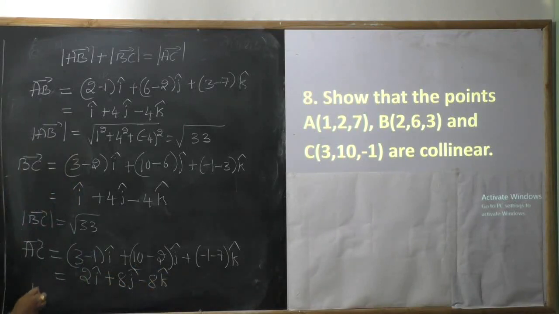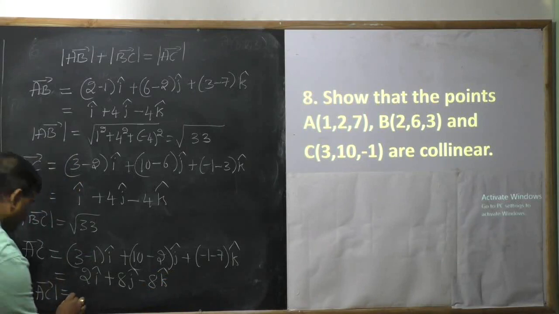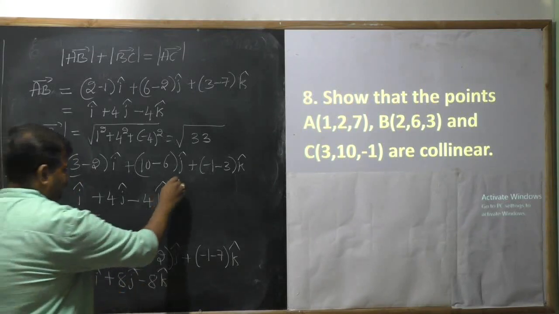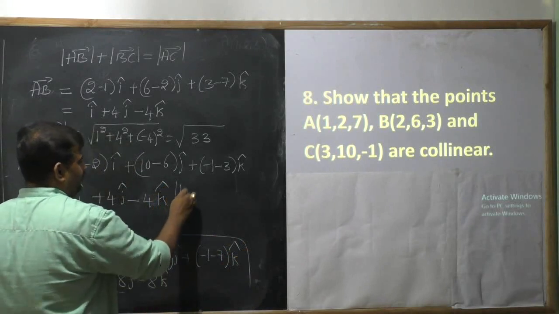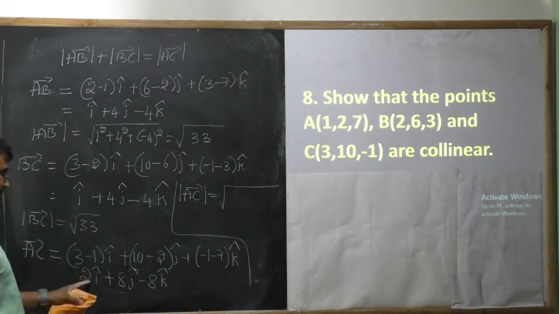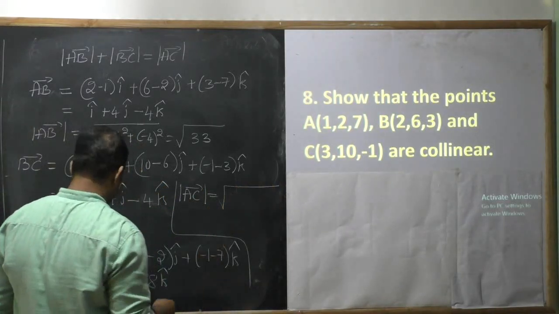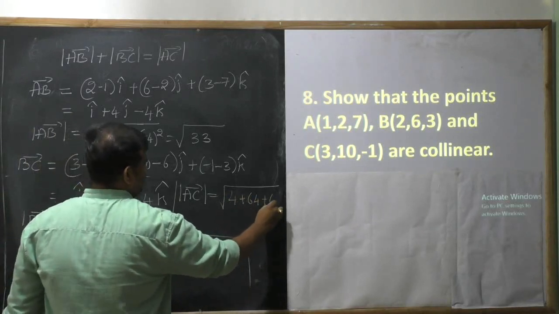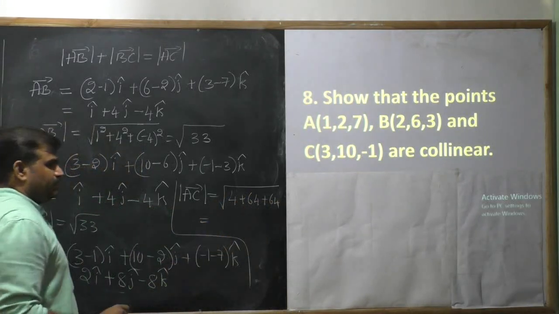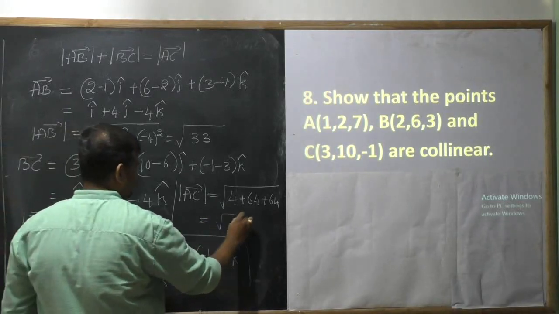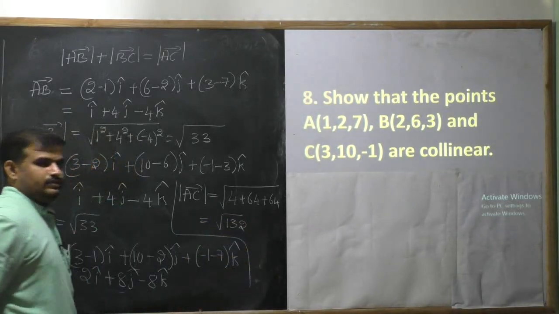Then the magnitude of vector AC is equal to root of 4 plus 64 plus 64, that is 64 plus 64, it is 128 plus 4, 132, root of 132.